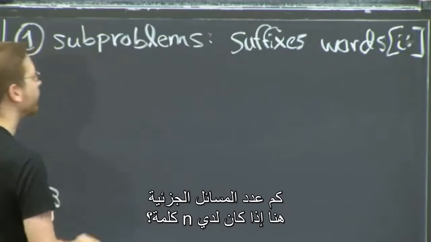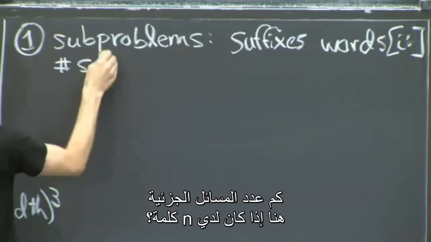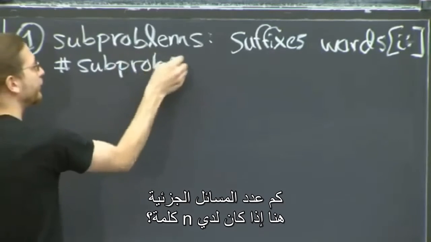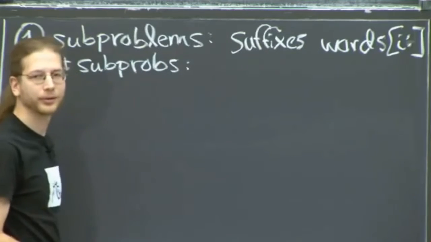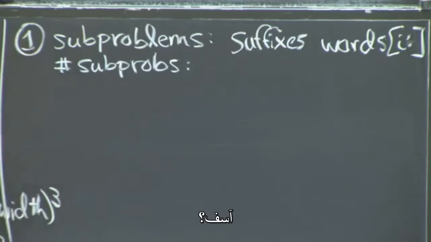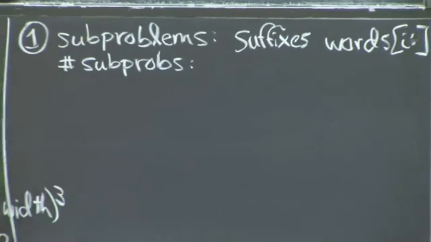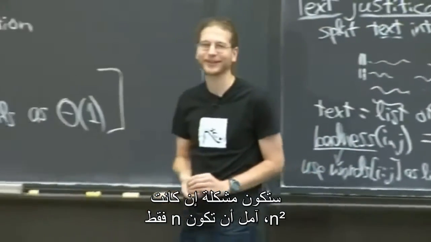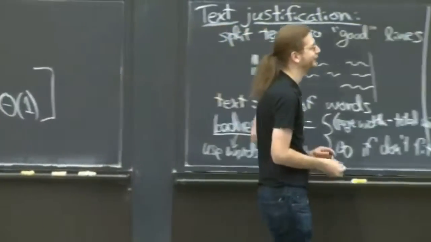OK, how many subproblems are there? If I have n words, 2 to the n? That would be a problem if it was 2 to the n. I hope it's only n.